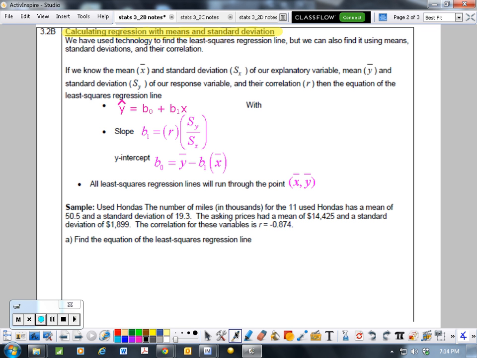Now these formulas for calculating the slope and the y-intercept are in your formula sheet. So this is not something you have to memorize. You have to be able to use them, because those formulas will be given to you.